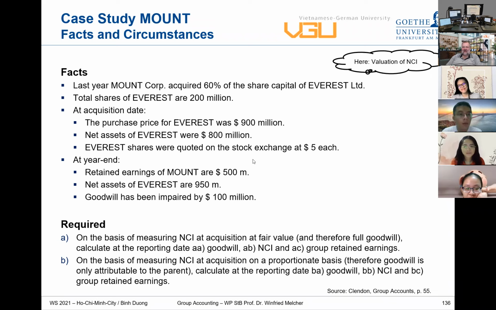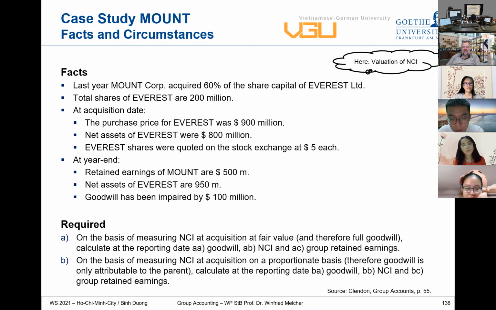you understood that if there is an increase of net assets, what does that mean? At the acquisition date, the net assets are 800 million, and maybe half a year later, they are 950. So obviously, the company made a profit, and the difference is 150.